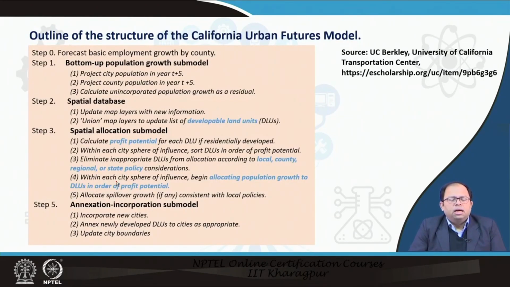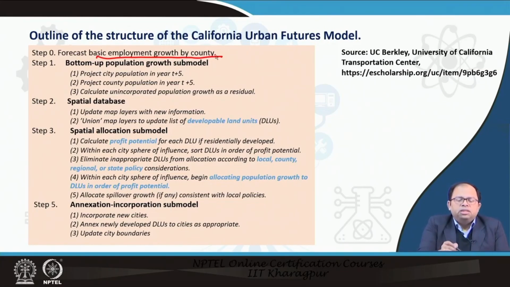So, this is the structure of the California Urban Futures model. You can download this from this particular source, where you can see in step 0, we first focus on the basic employment growth by county. So, this is the exogenous input or projection, or rather the forecast, that we take into the model.